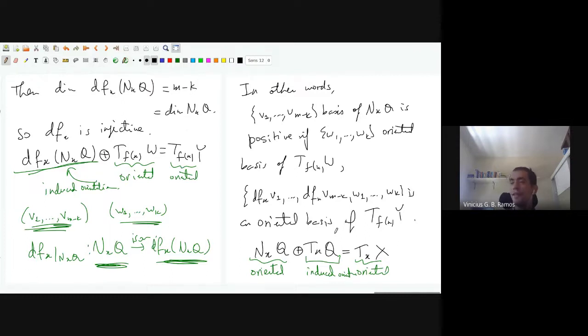It's natural in the sense that you make this choice of order, but then for any function and any submanifold, it's the same choice. It doesn't depend on the specific function or the specific submanifold. It's kind of like when you pick an orientation for Euclidean space.